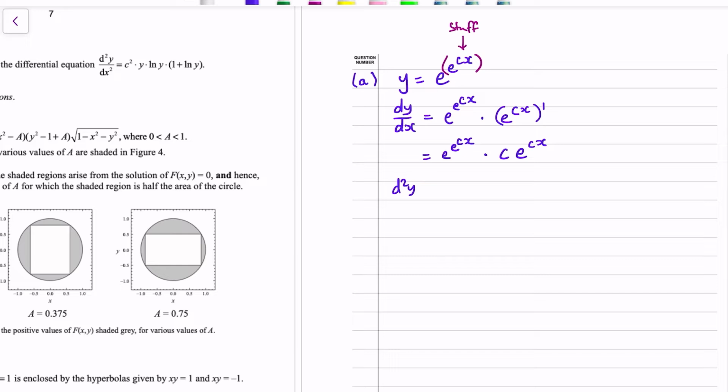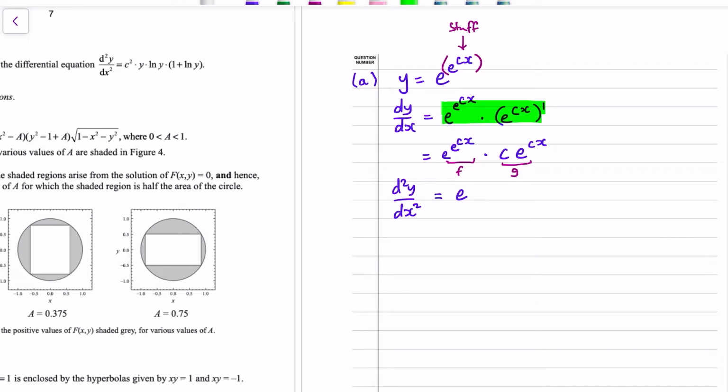The second derivative, we now need the product rule because we've got f here and another function g there. The derivative of f, well, that's actually the original function, e to the cx. So f dash is just dy dx. We've already got this dy dx thing here.